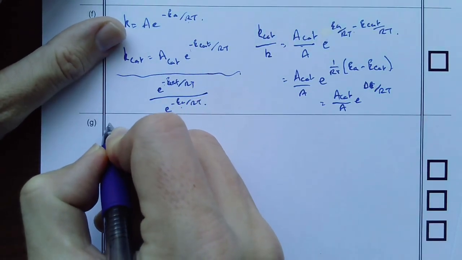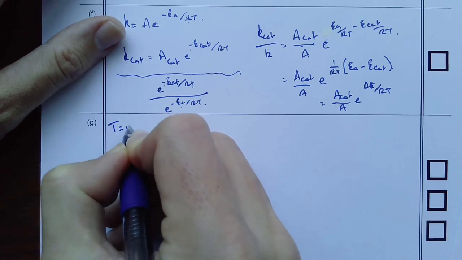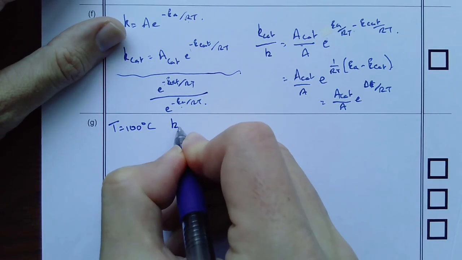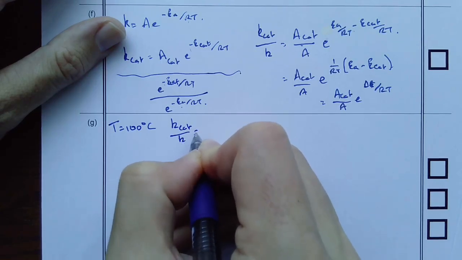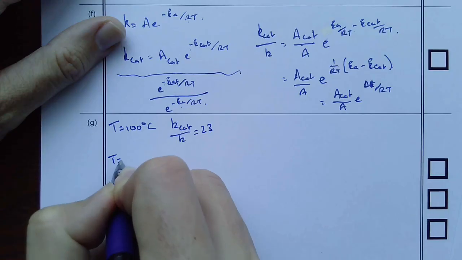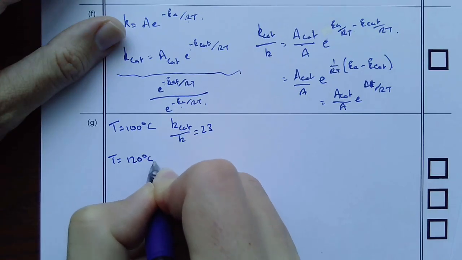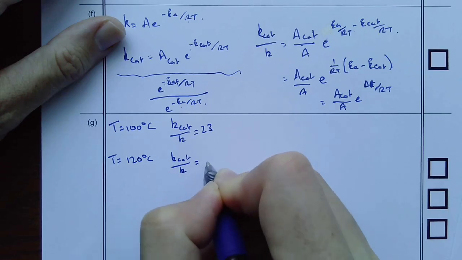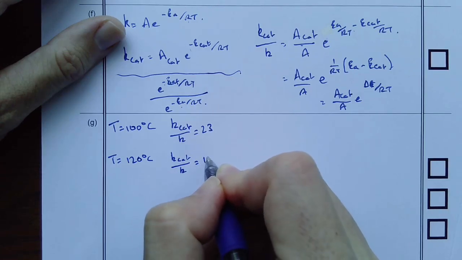I know that at T equals 100 degrees C, k cat over k equals 23. And I know that at T equals 120 degrees C, k cat over k equals 13.